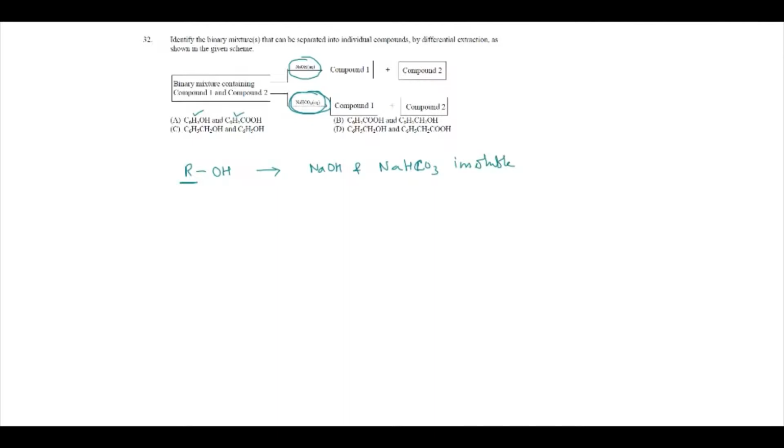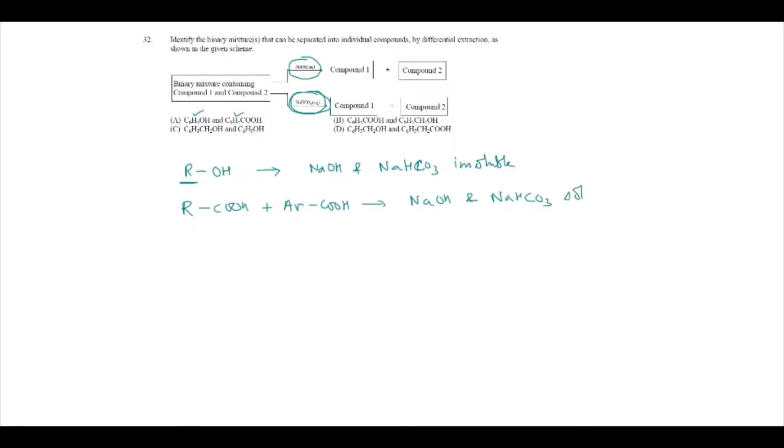Next is this carboxylic acid and this carboxylic acid. That means aliphatic and aromatic carboxylic acid. Both are soluble in sodium hydroxide as well as sodium bicarbonate.